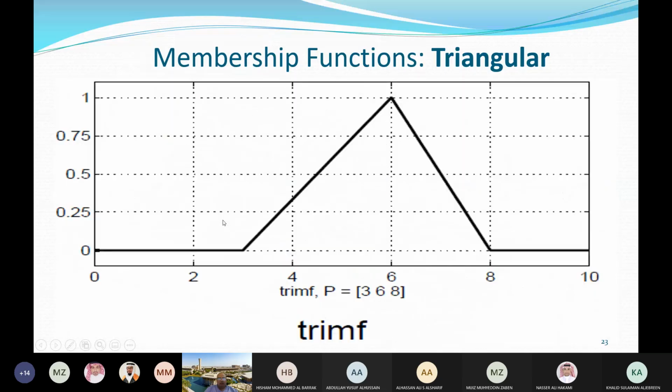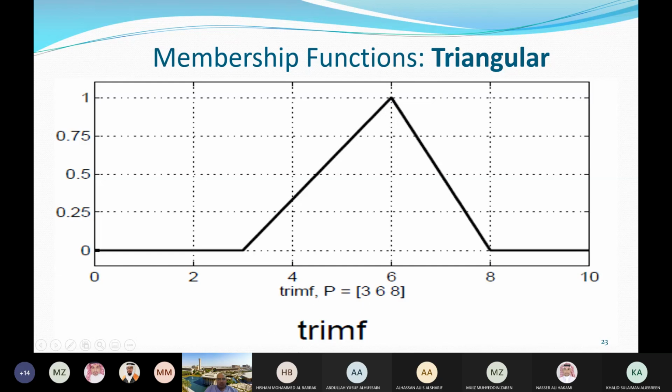Okay, membership functions, you have several membership functions. Triangular is the most widely used one. This is in MATLAB, you have the trimf membership function. This is the shape of the triangular in MATLAB. As you can see here, this function is defined by the starting value, the median value, and the end.